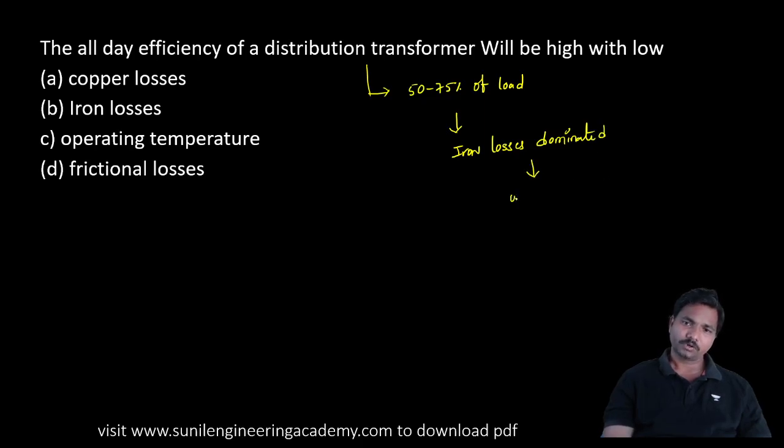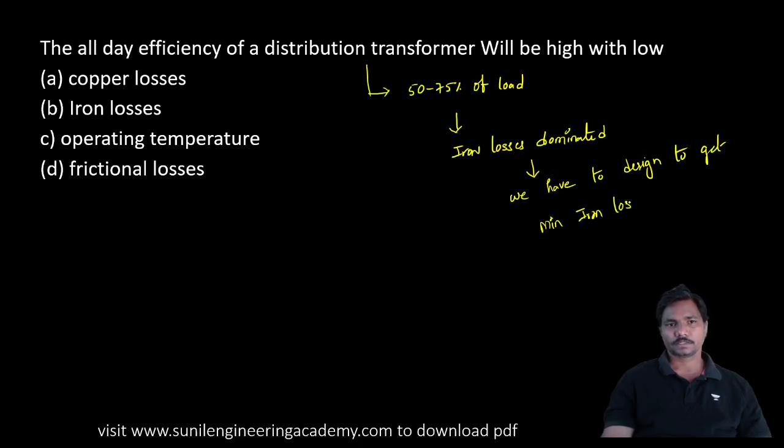So we have to reduce this. I have already given this in the previous session. To get minimum iron losses, with low iron losses only, the efficiency will be maximum.